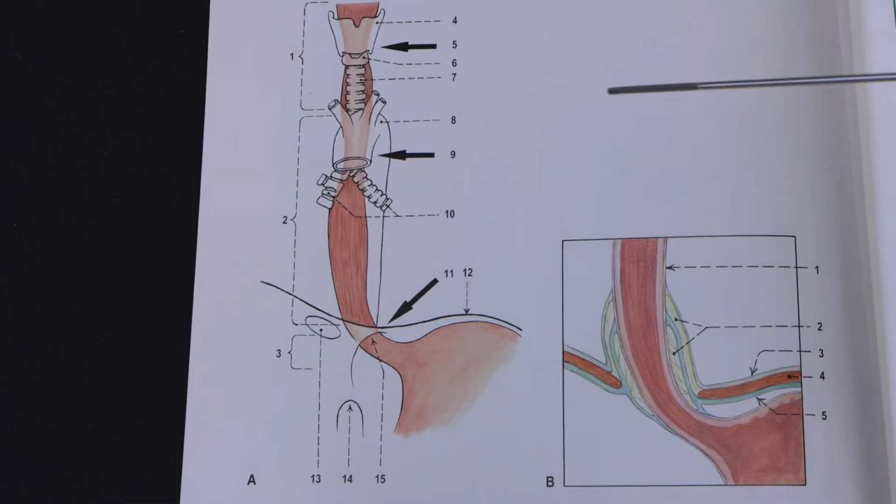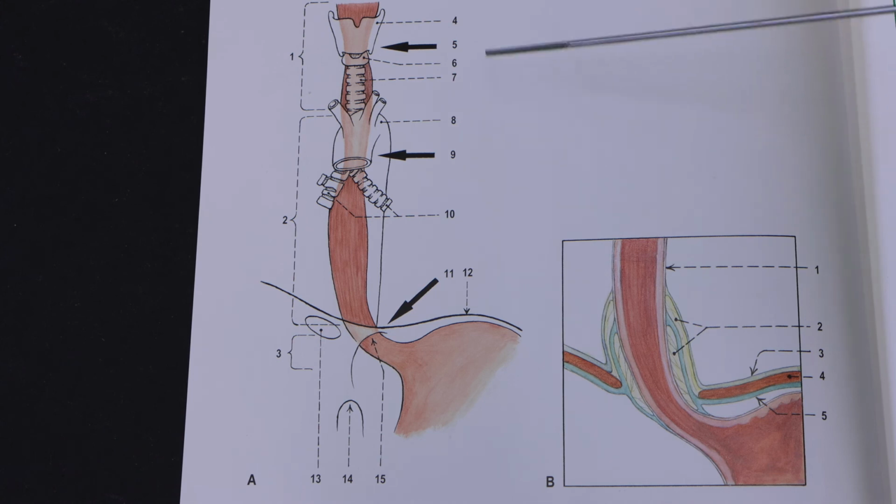And finally the lower third is absolutely smooth muscle and is not under your control. The esophagus, during its pathway, has four physiological narrowing places, or constrictor places, because in these places the esophagus becomes much narrower.